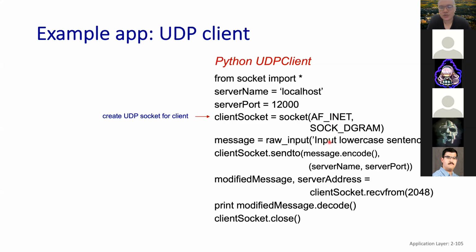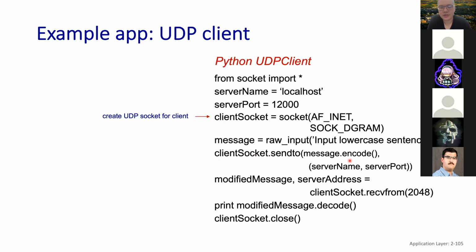And after that, you just get any sentence or characters or strings you want from the keyboard, right? This is something like standard IO. And after that, you just send the data. So you use the socket you created, and sendto is the API from the socket module, right?